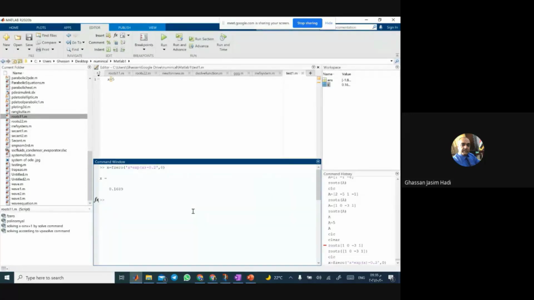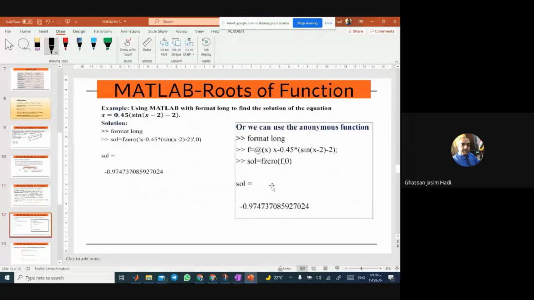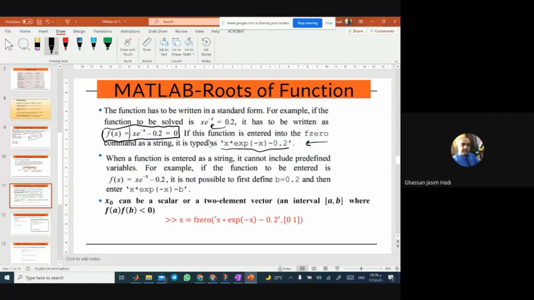Enter. It gives us directly the roots of this function. It gives us 0.1. Does it solve it here? Where is the solution here?